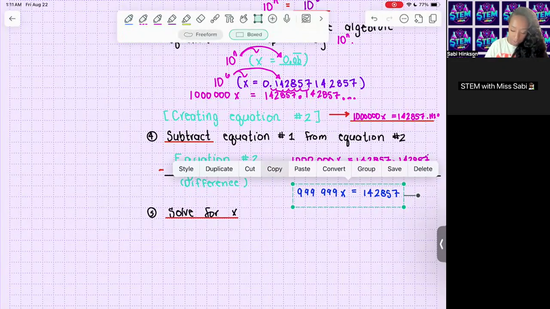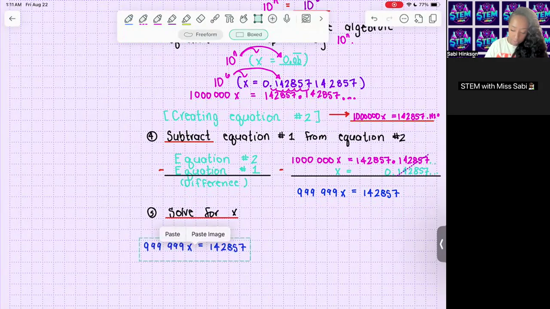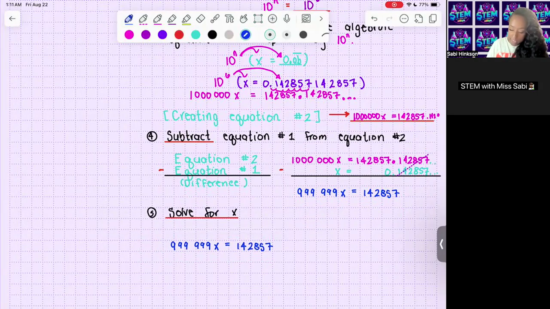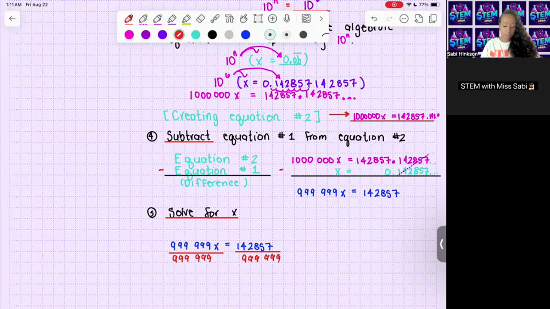So let me just copy this. I'm being a little bit lazy. So how do I solve for x? I am going to divide both sides by 999,999. And the great thing about my calculator is that it will give me the reduced fraction.